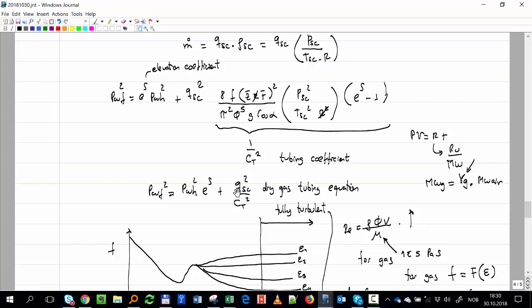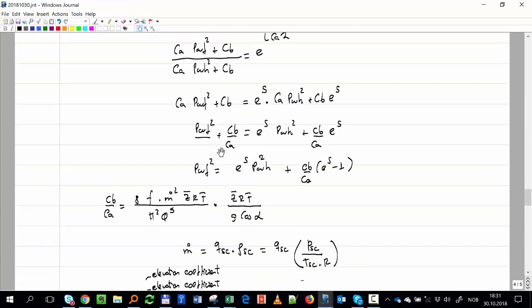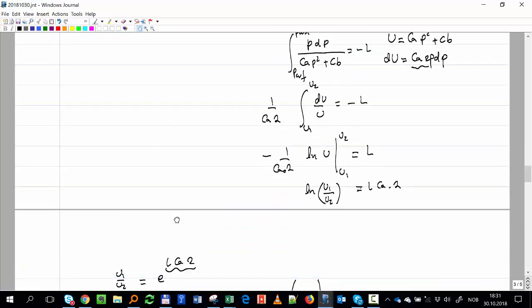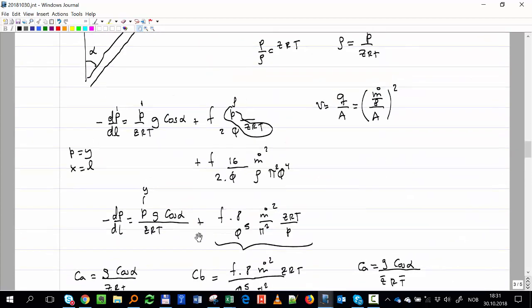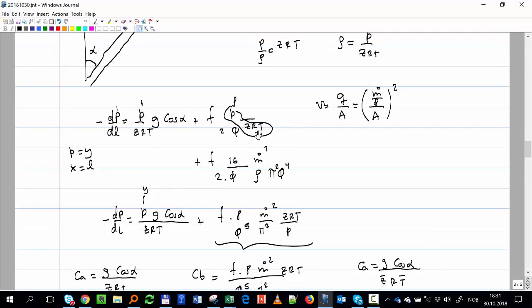Clear? More or less? Now we are going to use it, but I just wanted to show you where it comes from. We have to integrate; we cannot use one density for the whole tubing. We have to do it step by step. When we come to multi-phase, we won't be able to integrate this way. In this case, I could use the expression of the real gas law, and by making some assumptions, I can use average properties.